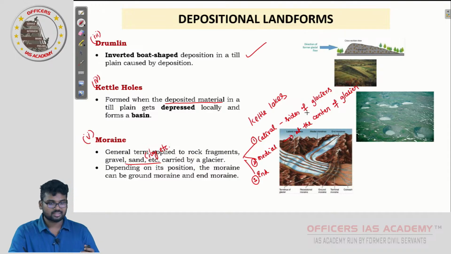Lateral means on the sides of the glacier if the deposition happens, lateral moraines. Then the second one is medial, so this is at the center of the glacier. Then end moraines at the bottom or end of glacier.